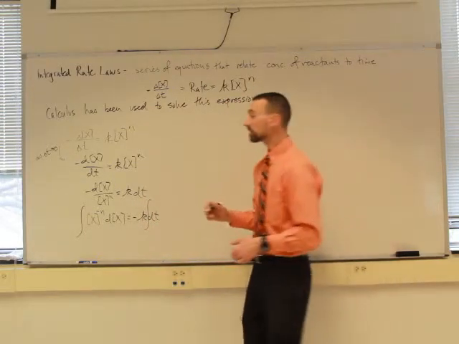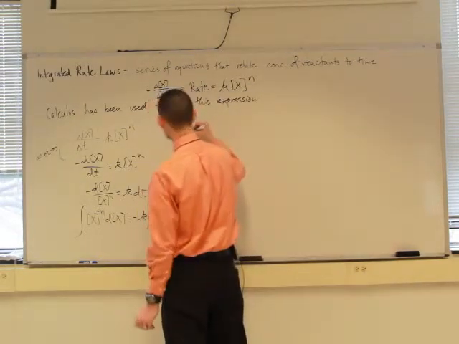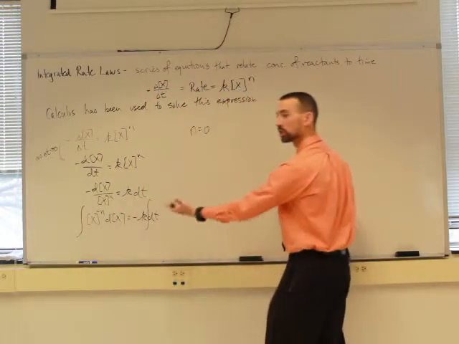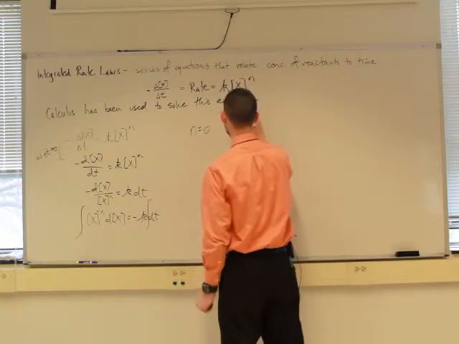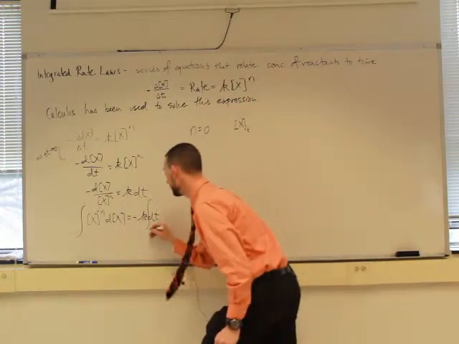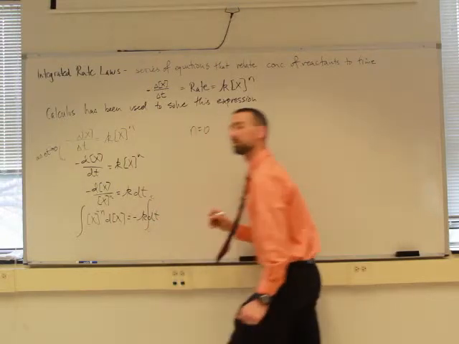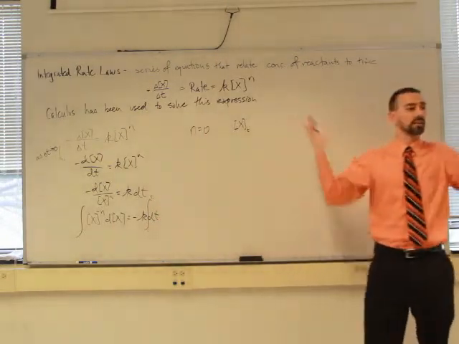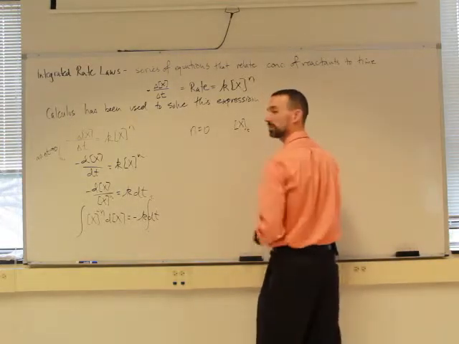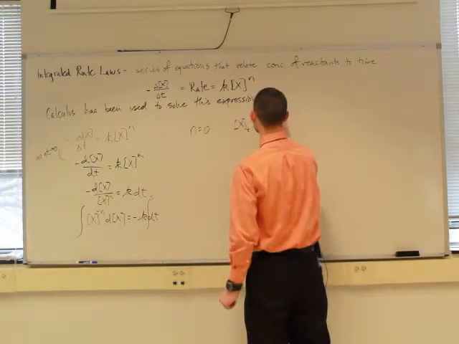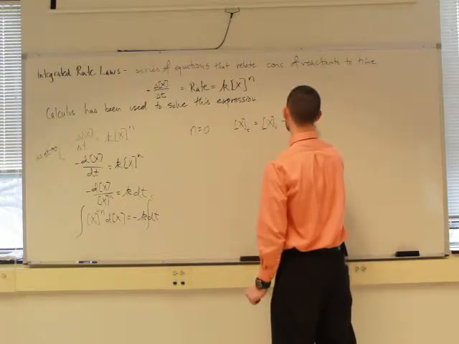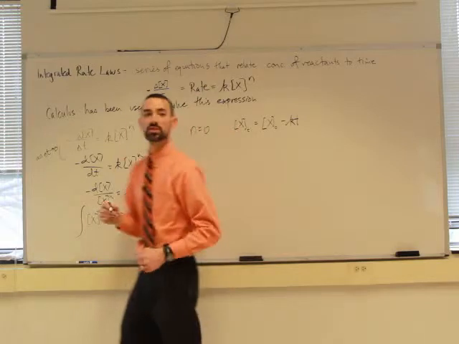Depending on what n is, when n is 0, the solution is that x, the concentration at time t, because I'm going to integrate my time from 0 to t, whatever time I'm interested in, just a generic placeholder, would equal the concentration at 0 minus k times the time t.